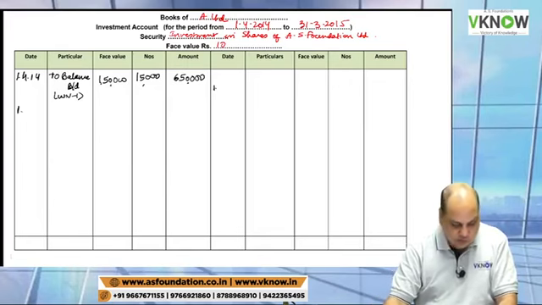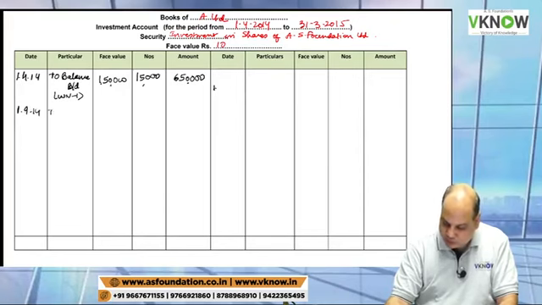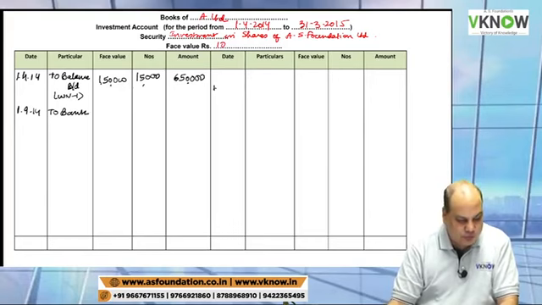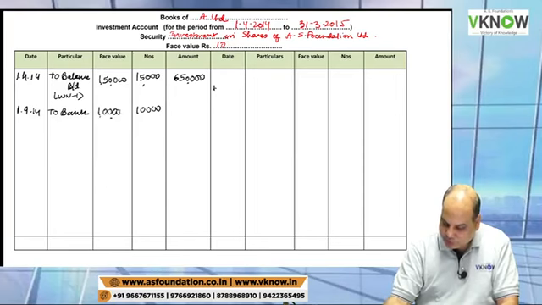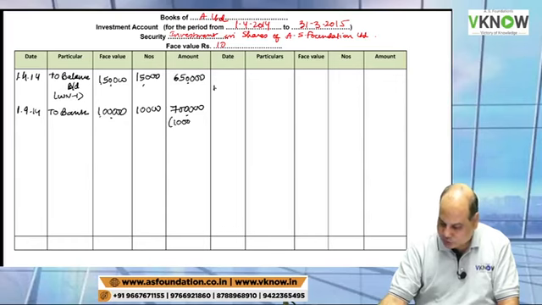Next purchase was made on 1/9/14 to bank. Question in front of you. Fourth bullet point. 10,000 shares were purchased, which means face value is 1 lakh, and purchased at the rate of 70, so that is 7 lakh, 10,000 into 70.